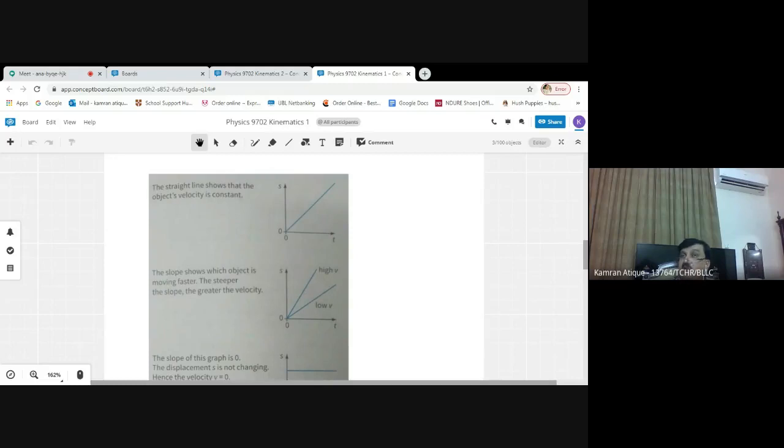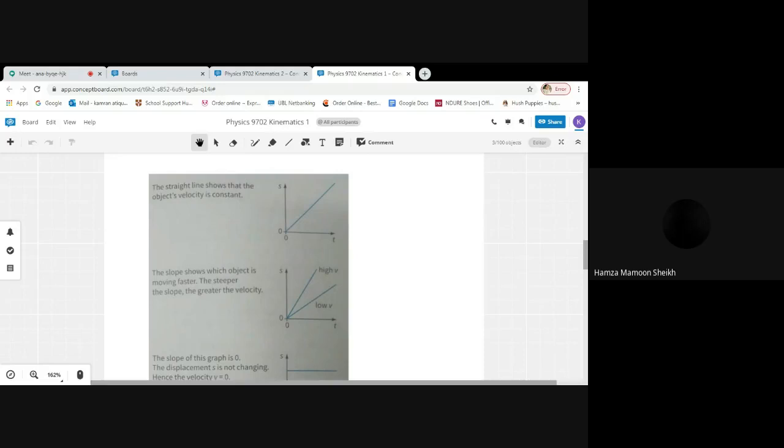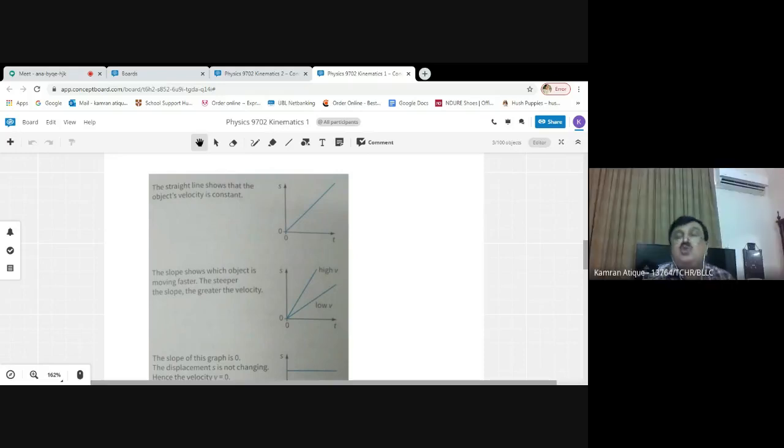The information about the speed of the moving object can be obtained by simply calculating the gradient of the distance time graph. Is it okay? Yes, sir. So we can obtain the information of speed with the help of this particular graph.